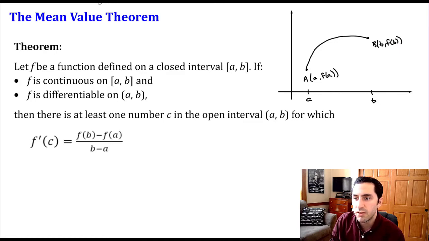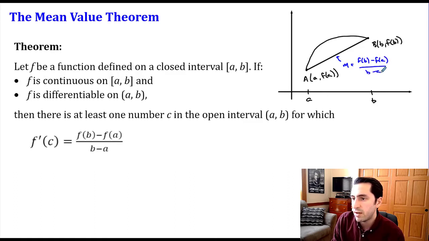Now if I connect these together with a segment, this is going to be the secant line between A and B. Now, what this theorem is telling us is that somewhere in between A and B, I should be able to find a point where the slope of the tangent line at that point is the same as the slope of this secant line here. So this line has a slope of f of b minus f of a all over b minus a.